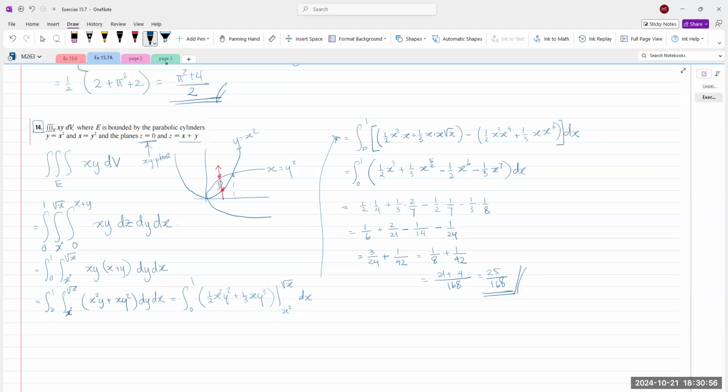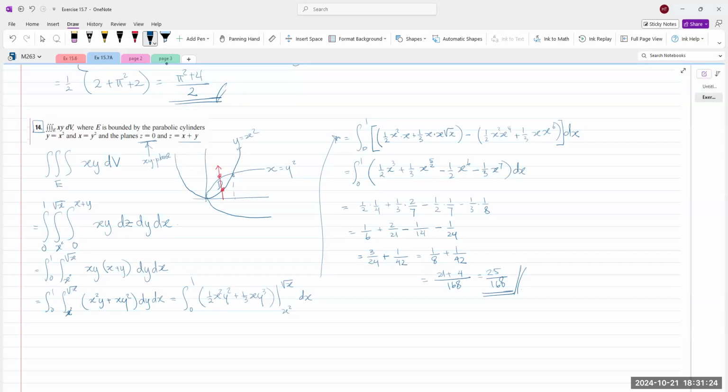When I integrate that with respect to y, I get this and this. Substitute that in. y squared becomes x, y cubed becomes x square root of x, minus 1/2 x squared x to the 4th plus 1/3 x to the 6th.